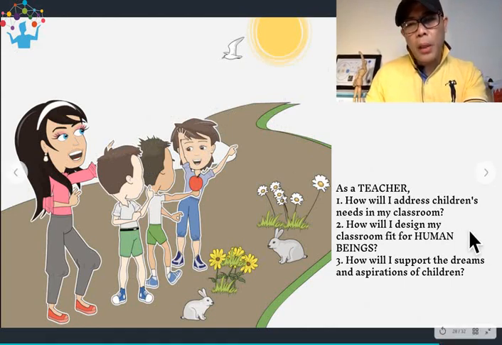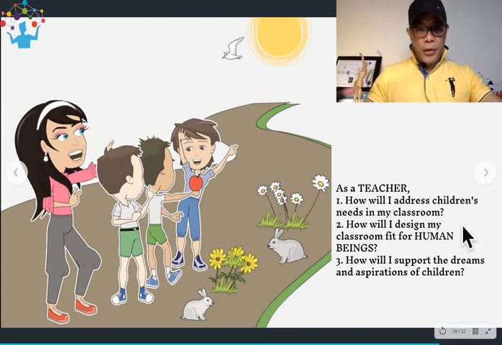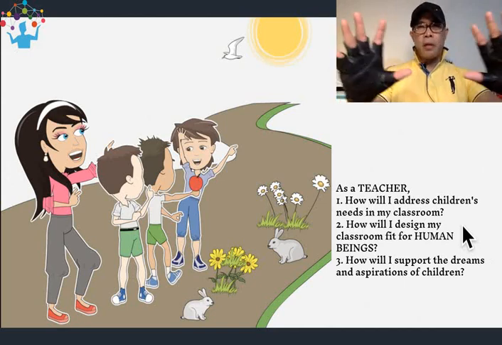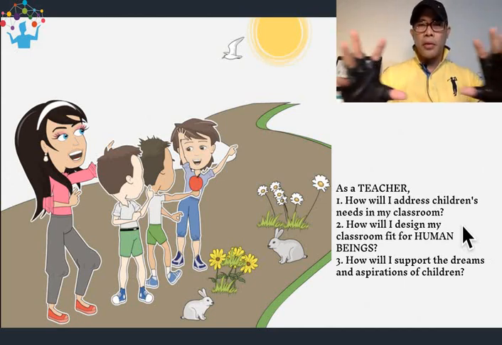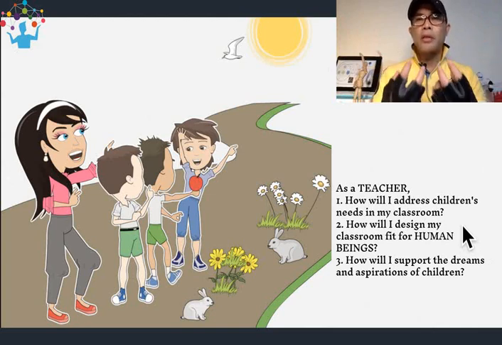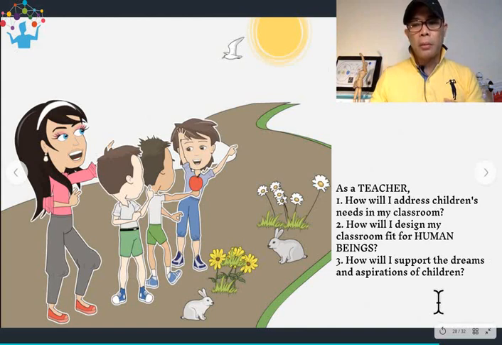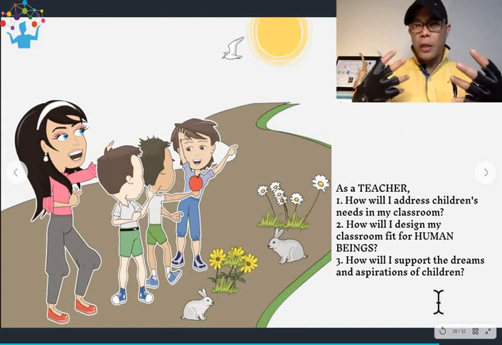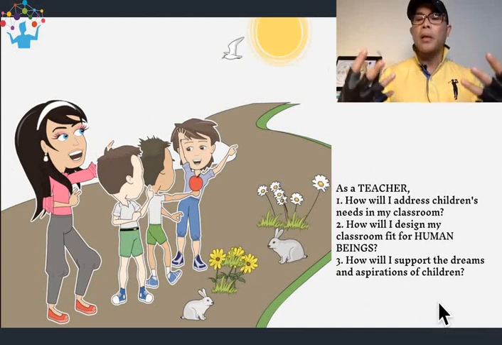The next one is, how will I design my classroom so that it fits the needs of human beings? How am I going to decorate my classroom so that it is very human, very evocative of the human needs of children, very responsive to making the children realize this is what I want to be?